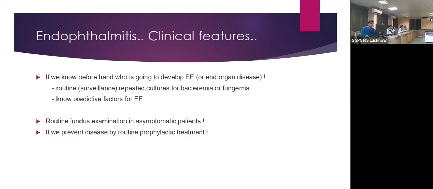Somebody said, forget whether the patient has bacteremia or fungemia, why not directly look at the target organ routinely and do fundus examination in asymptomatic patients? This also failed. Then prophylactic treatment came into the picture.